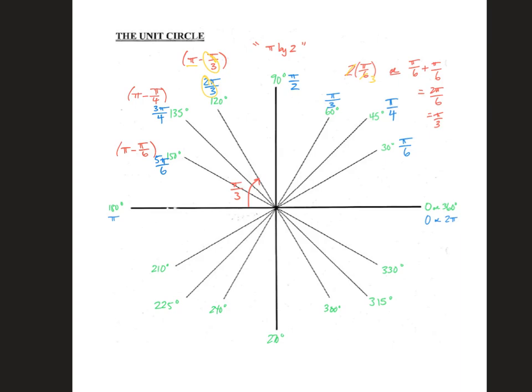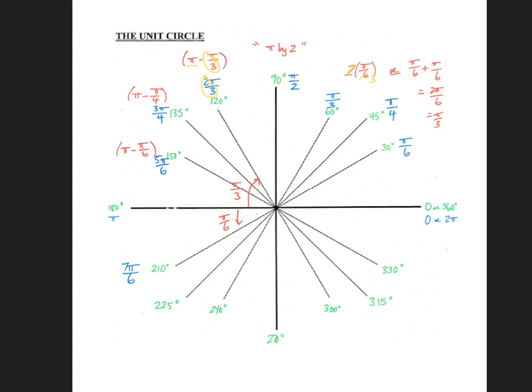Because what you'll notice as we move into the third quadrant, for me to get to 210, what I need to do is go to pi and add on a pi by 6. And so if I take 1 and I add on a sixth, then I'm going to get 7/6, or 7 pi by 6. Now to get to 225, I need to go to pi and add on a pi by 4.